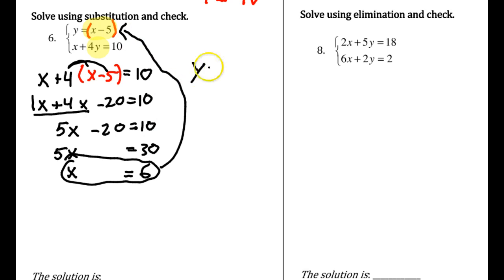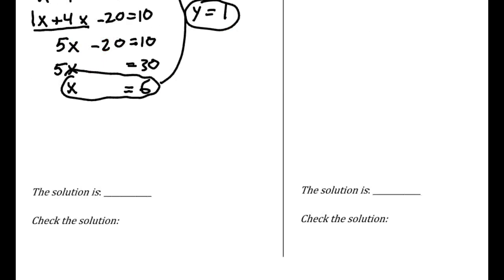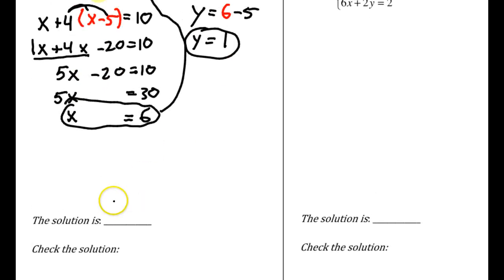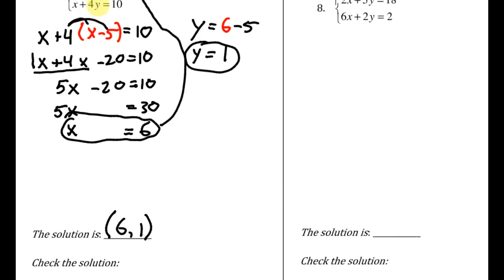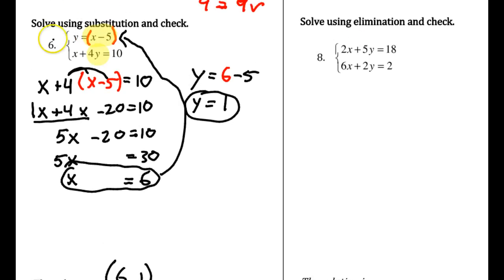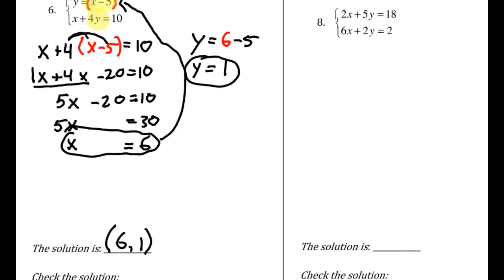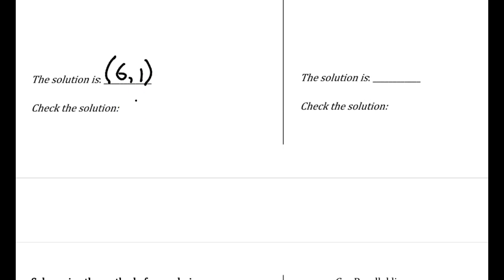And let's plug it back in to the top equation. So we have y equals 6 minus 5, which equals 1. y equals 1. So we have 6 comma positive 1 here, and use the top equation to check. x plus 4y equals 10. x, 6, plus 4 times y is 10.